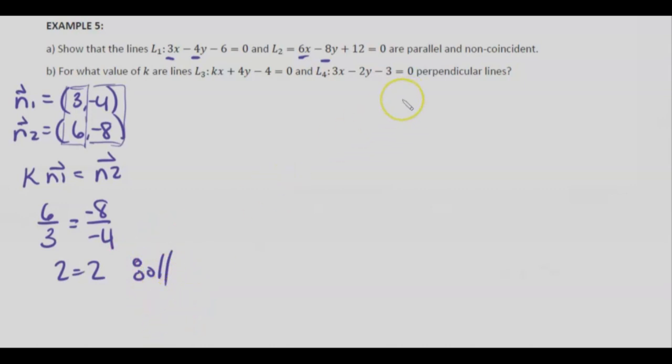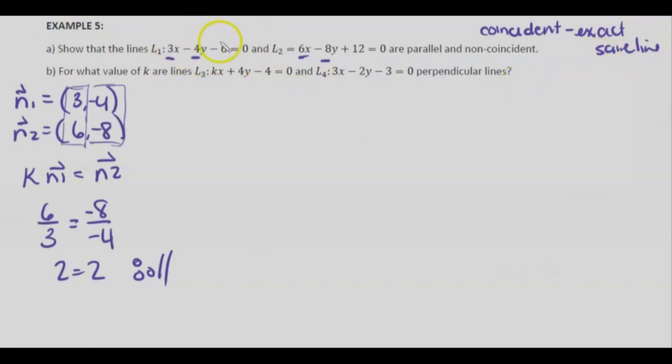Now, to check whether or not it's coincident, since this one says to check that it's non-coincident: coincident means that they're the exact same line. So what we've done is check the normals.